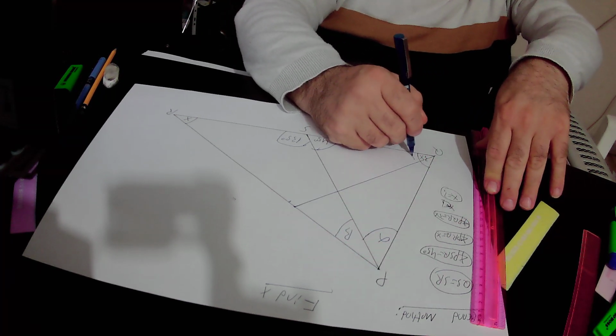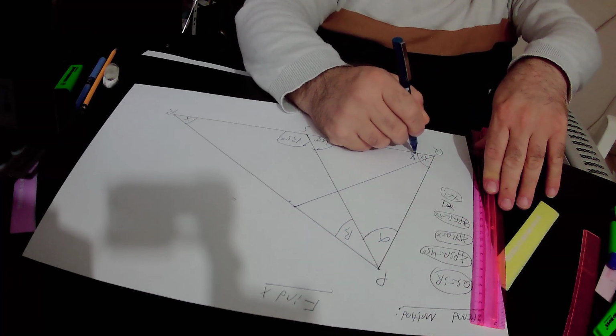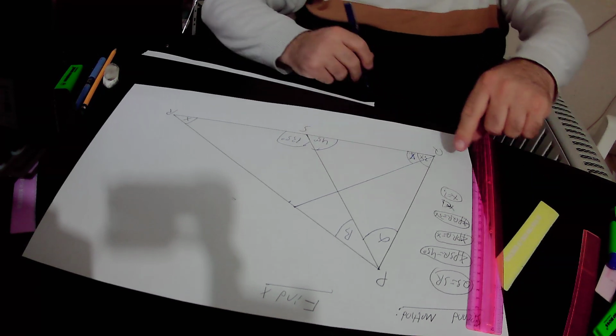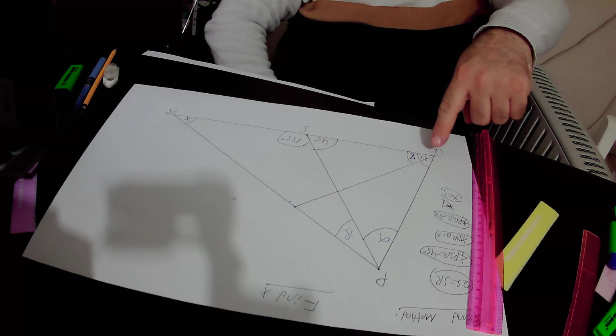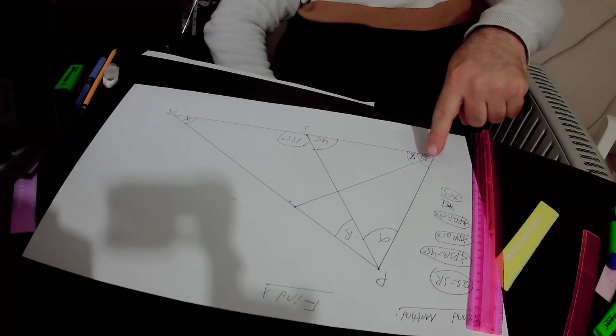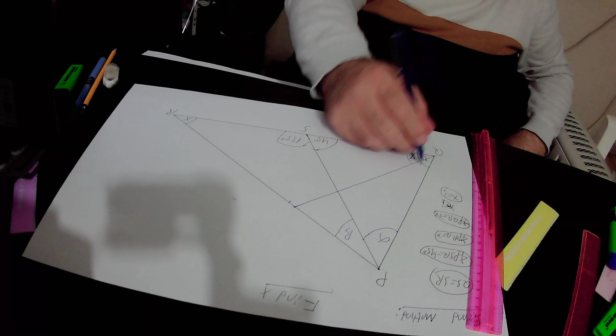So this angle equals x. Because angle PQR equals 3x and this angle equals x, then this angle must be equal to 2x.